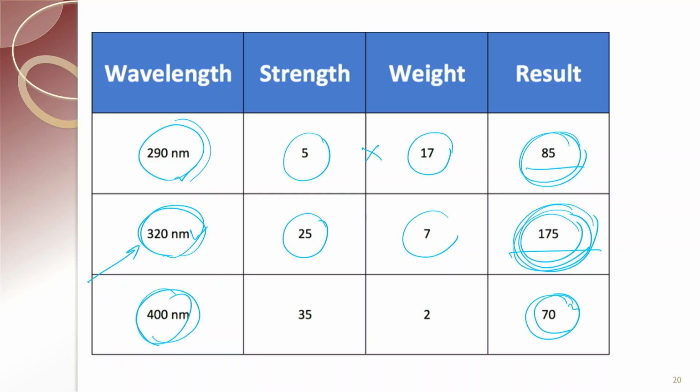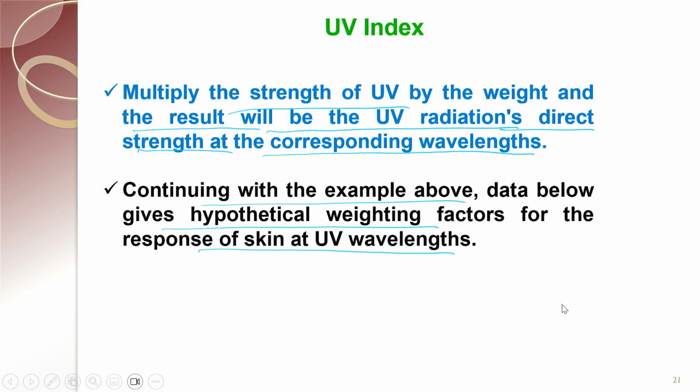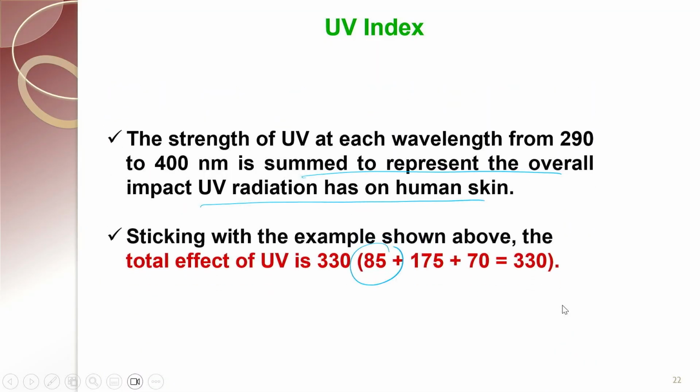So, these three are added to get the overall impact or overall strength of UV ray in a particular place: 85, 175 and 70. If we add, the total effect of UV within the entire range is 330 for that particular place.